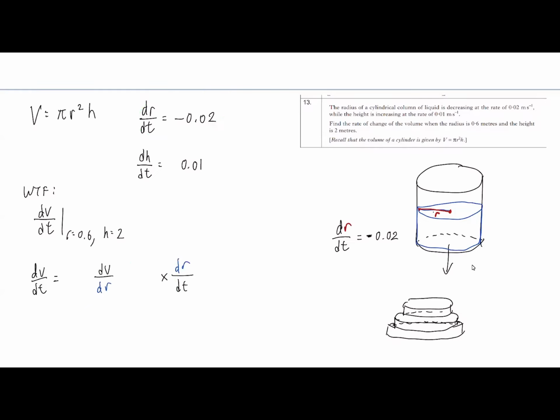But the dV by dr is a problem, right? Because our formula here is in terms of r and in terms of h. So that must mean we need to make use of the remaining piece of information that wasn't used, which is dh by dt, this part here. But how do you link dV by dr to dh by dt? Let's see. I'm a bit confused myself. Let me think.